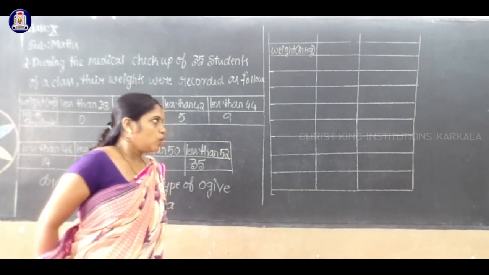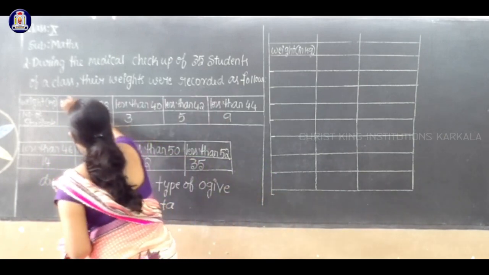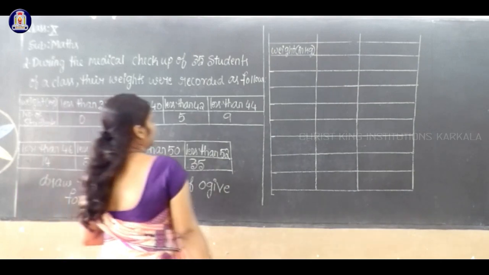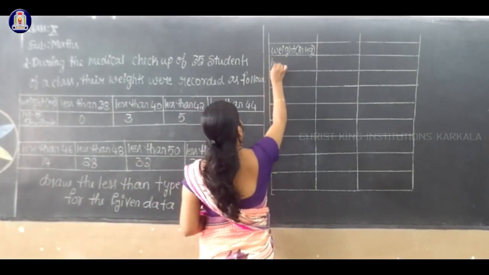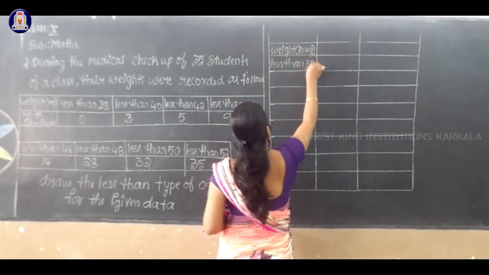So now first I will write the table. Your first column is about the weight. Weight is less than 38 they have given, so first I will write less than 38.